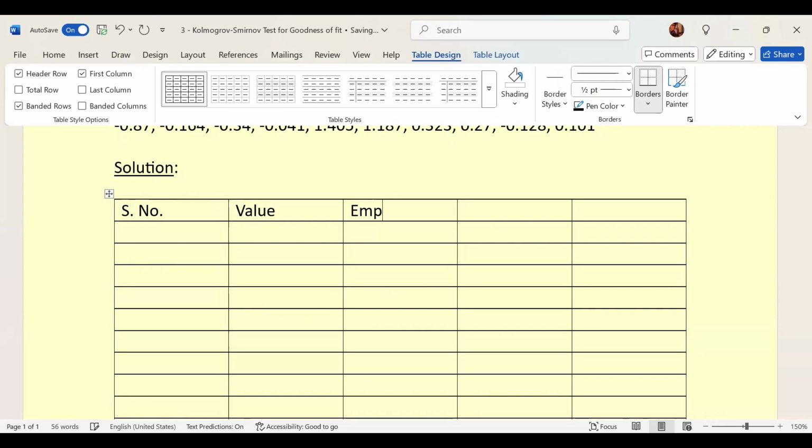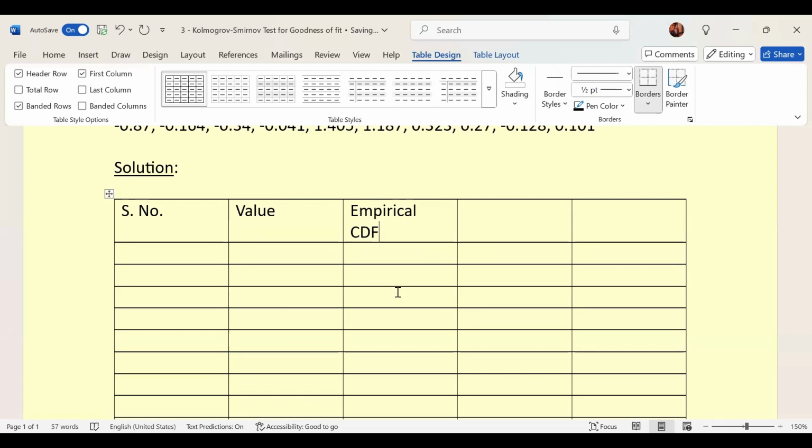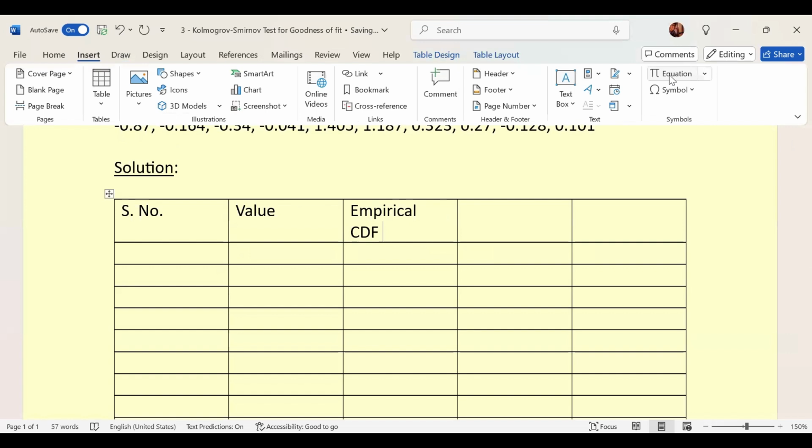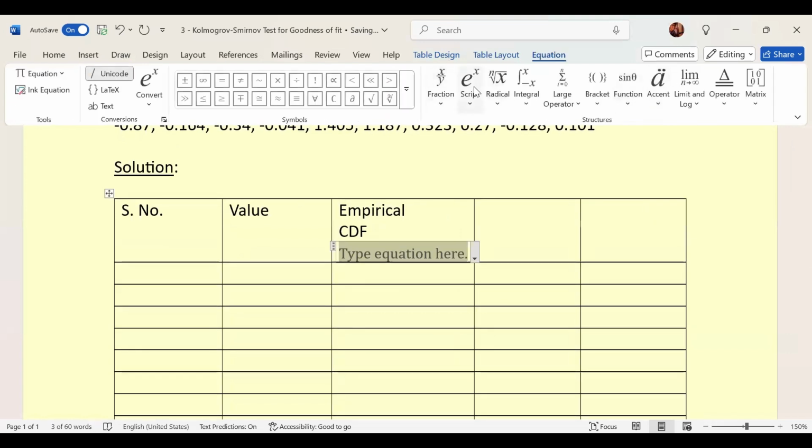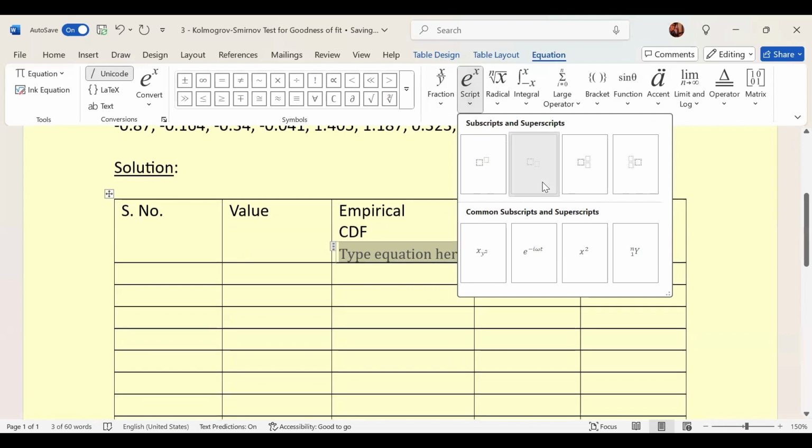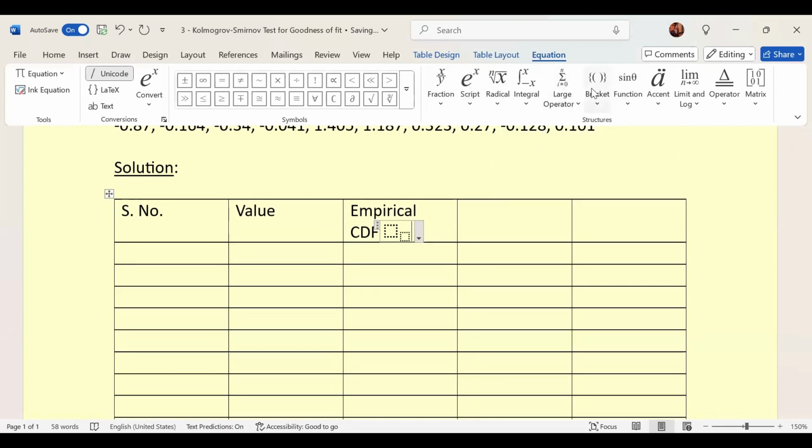Then the empirical CDF, which we will denote with the notation capital F subscript n of x.